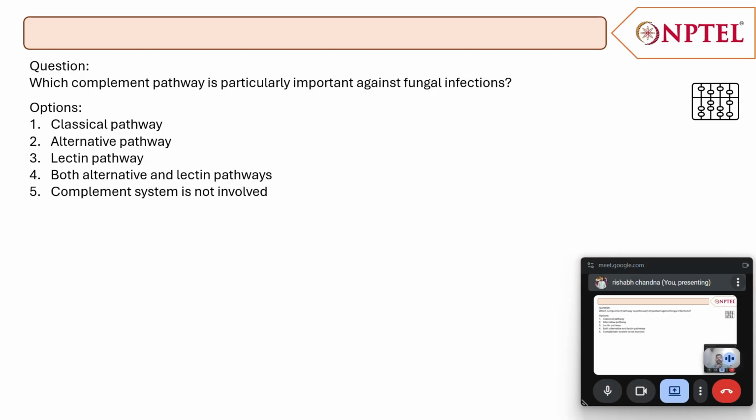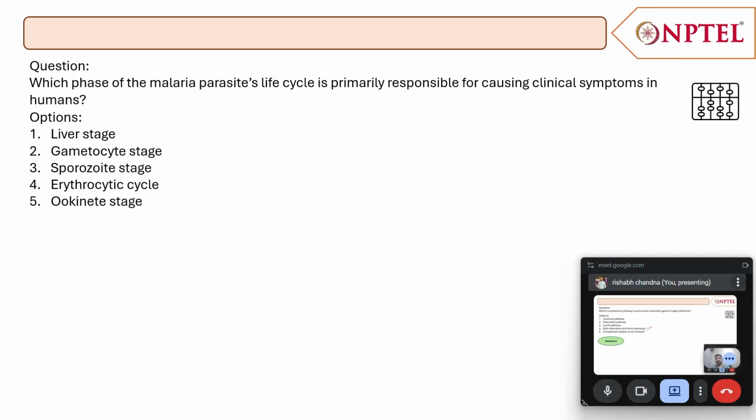As we have studied before, both the alternative and the lectin pathways are involved against fungal infection. Okay, so the answer is 4. Moving on to the next question.